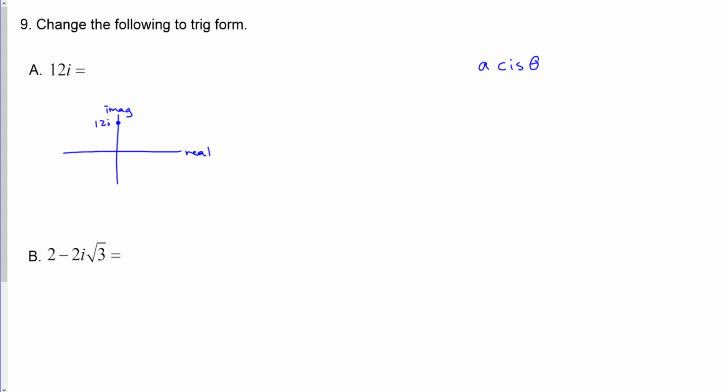Okay, so basically I'm going to write this as 12 times 0 plus I times 1. The reason I'm writing it that way is because CIS theta stands for cosine theta plus I times sine theta.